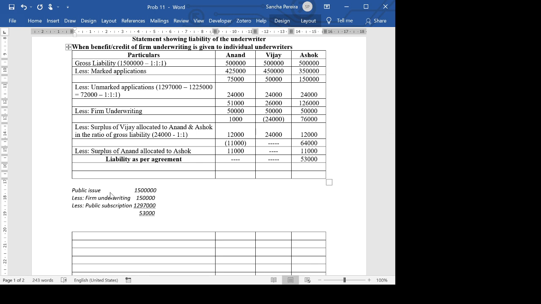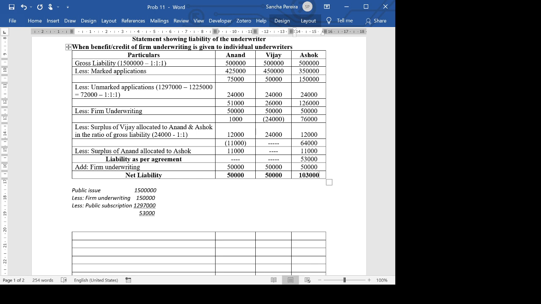And then we add firm underwriting to know the total shares they all have to take up. Under firm underwriting, each of them has to take up 50,000 shares. So the net liability would be 50,000, 50,000 and 1 lakh 3,000.